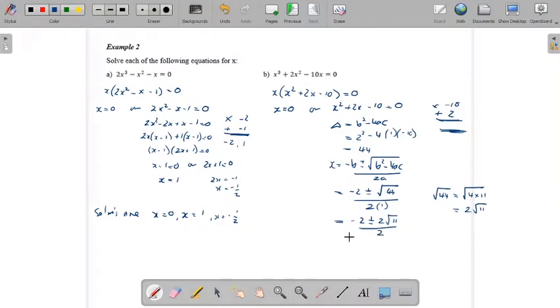Over 2, -2 over 2 is -1, plus or minus 2 root 11 over 2, and those 2's cancel. That leaves us with square root of 11. So our three solutions are x equals 0, -1 plus square root of 11, or -1 minus square root of 11.